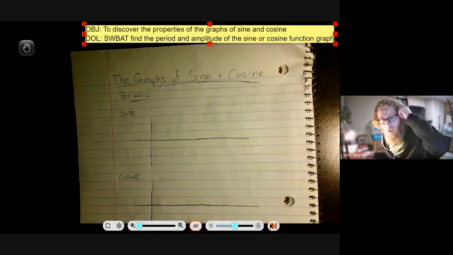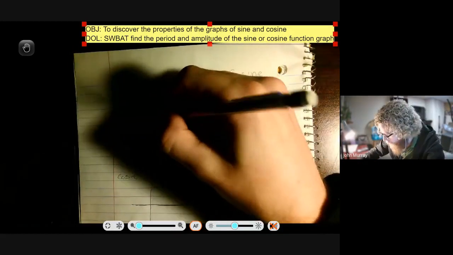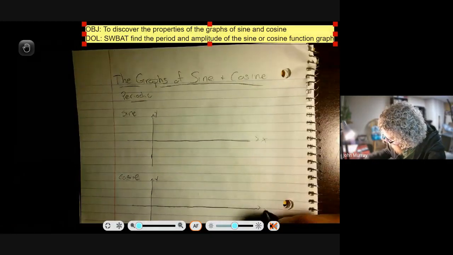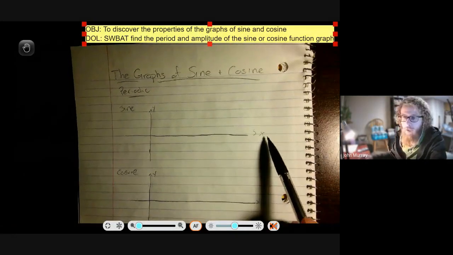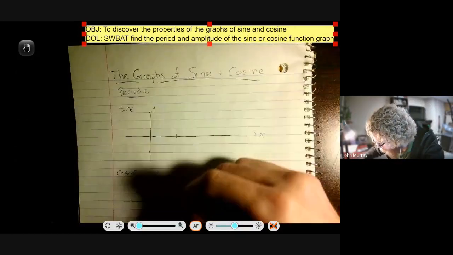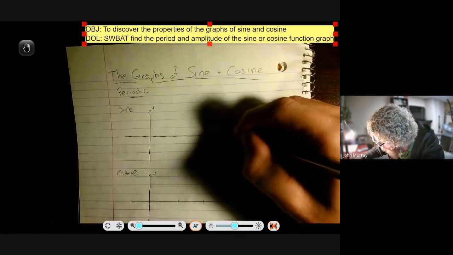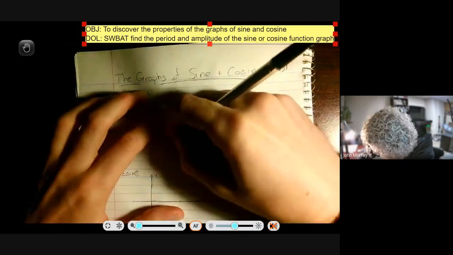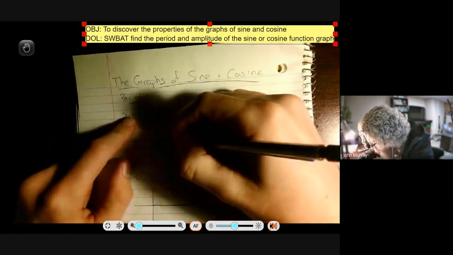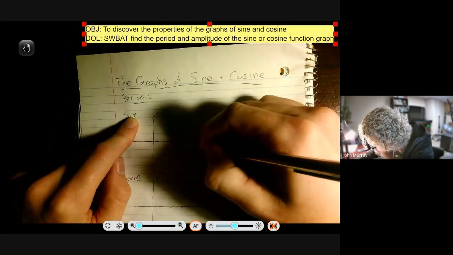All right, so for today, we have our x and our y, or sometimes this might be theta over here. But what we're going to do is break up our divisions. Let me make that smaller. Our x values are going to be in radians.